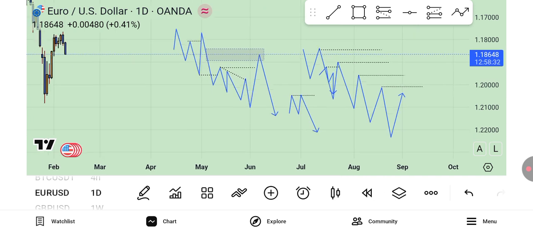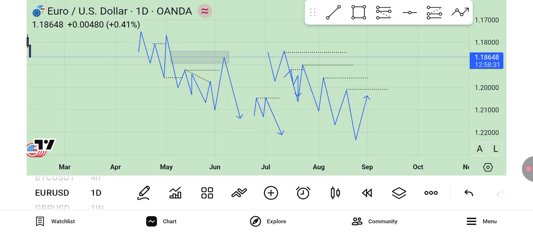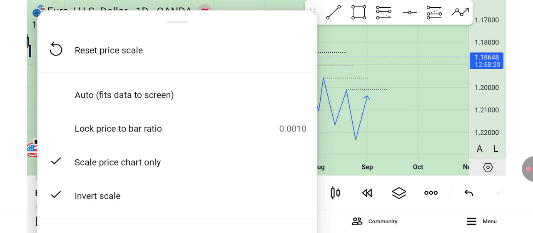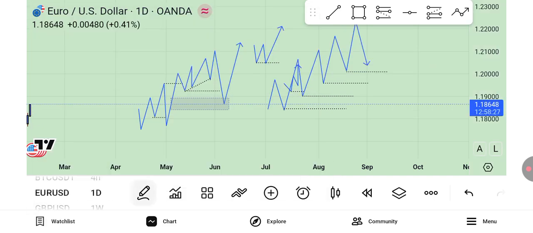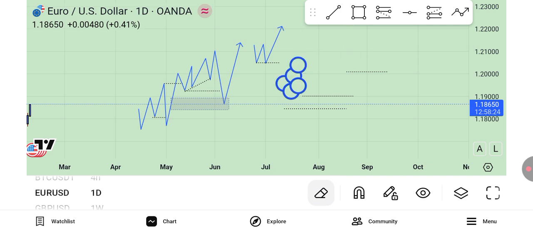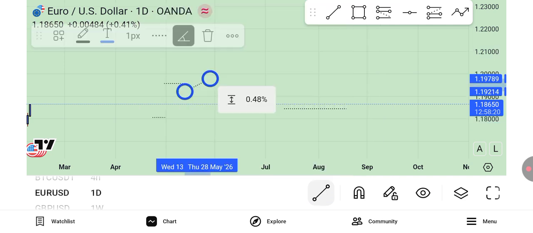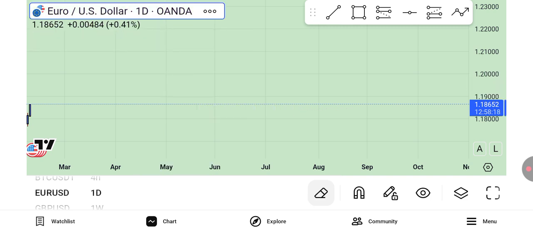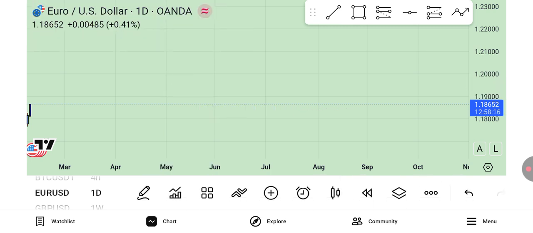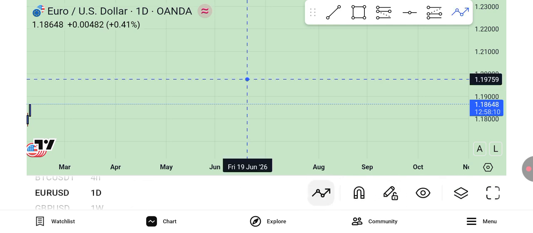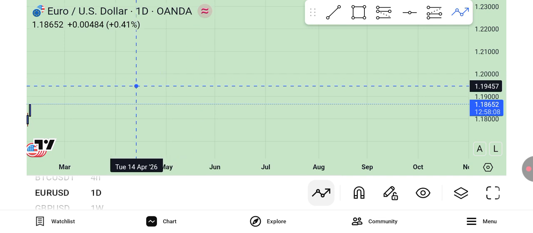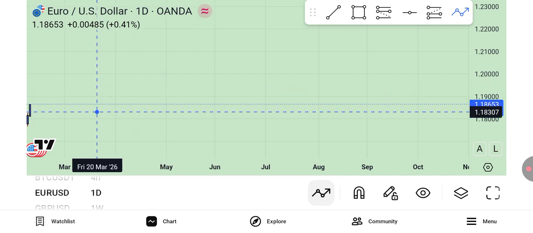So let me draw another. Let me delete this. I want to draw a proper structure now. All I'm explaining earlier is just for you to understand how the market seeks liquidity and how structure is being formed logically. But I will plead with you to always look for this kind of structure anytime you are trading.